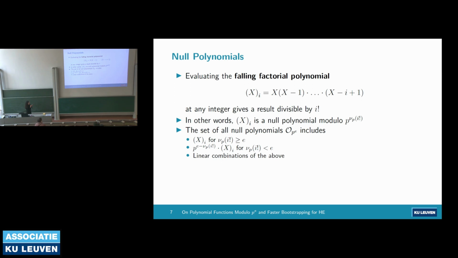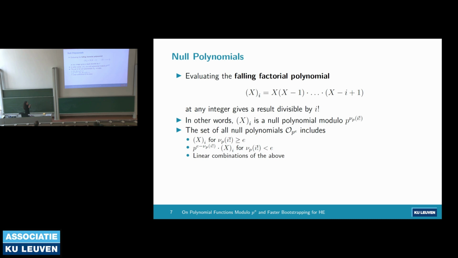Otherwise, we will need to multiply some power of p in front to make this polynomial null modulo p to the power of e. And it has been shown that any null polynomial modulo p to the power of e is a linear combination of polynomials in these two categories.